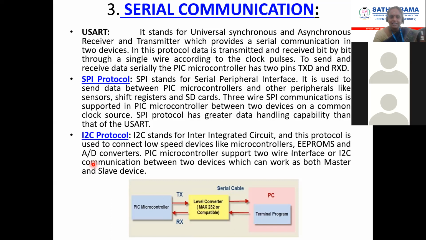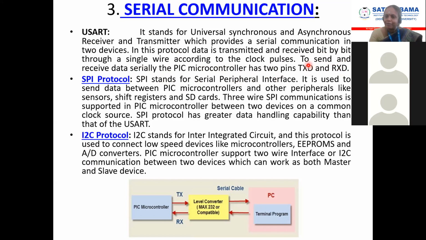In the universal synchronous asynchronous receiver and transmitter, we have full duplex or half duplex communication. In this protocol, data is transmitted and received bit by bit through a single wire according to the clock pulses. To send and receive data serially, the PIC microcontroller has 2 pins, transmitting and receiving, TX and RX.